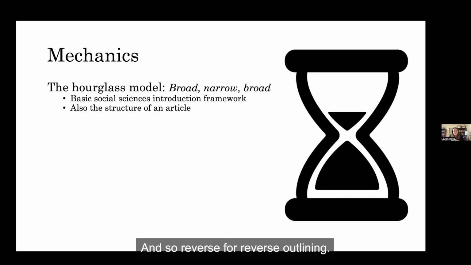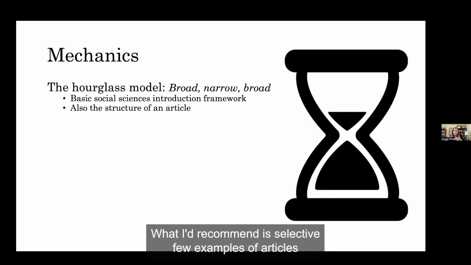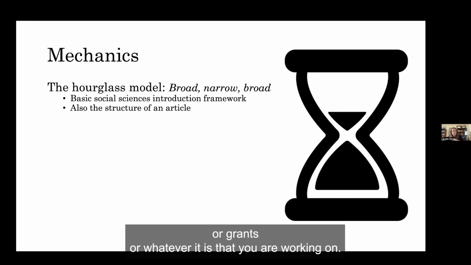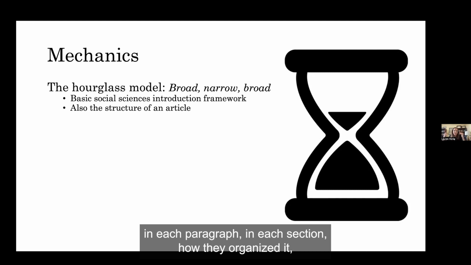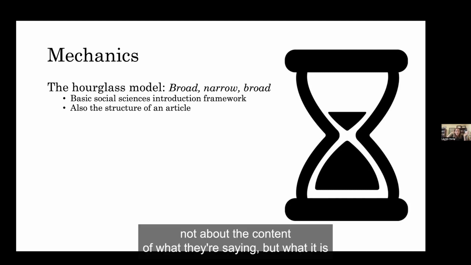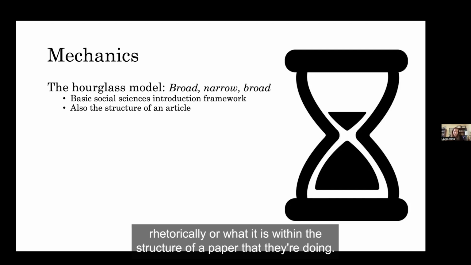And so for reverse outlining, what I'd recommend is select a few examples of articles or grants or whatever it is that you are working on, and look at what those scholars did in each paragraph, in each section, how they organized it, not about the content of what they're saying, but what it is rhetorically, what it is within the structure of a paper that they're doing.